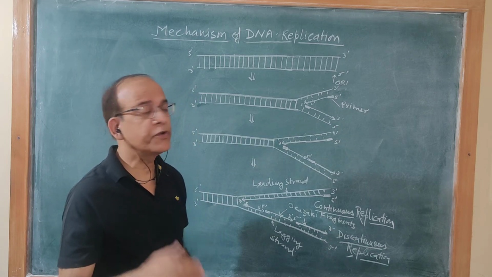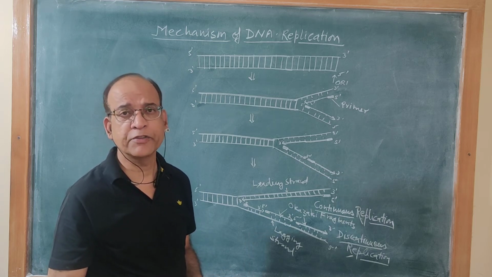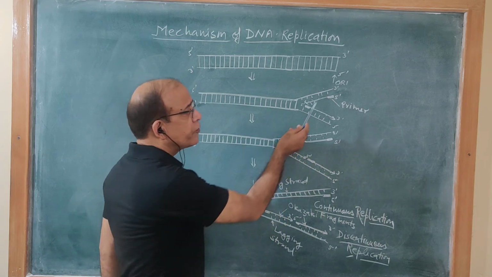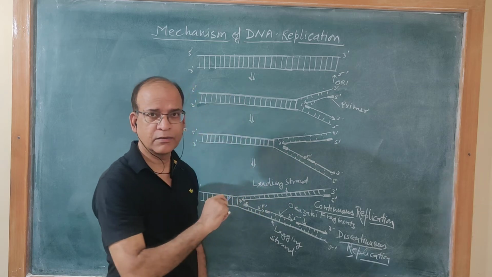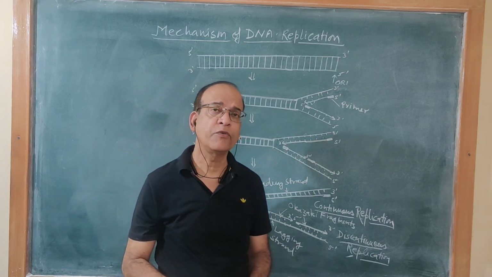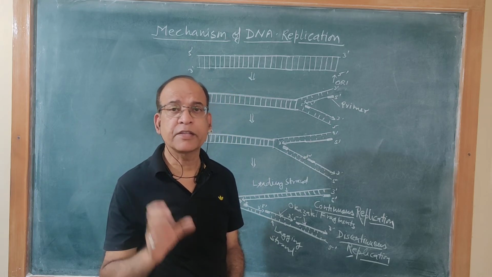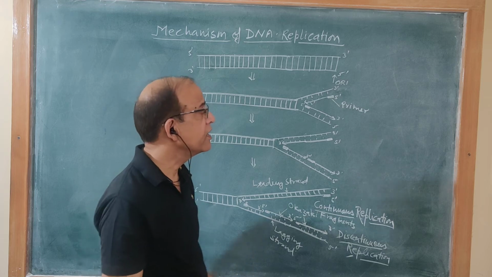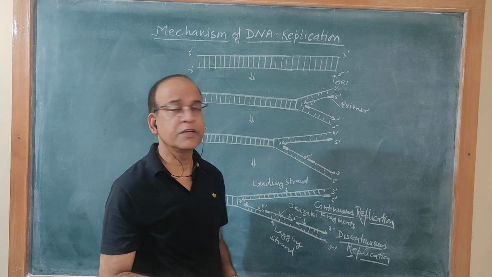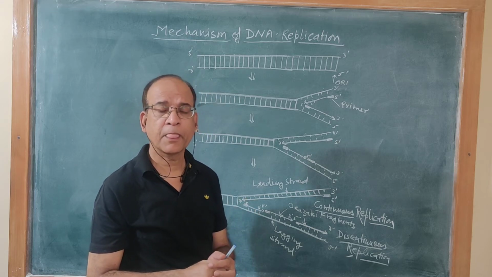But before the addition of DNA nucleotides starts, a primer is formed. A primer is a segment of RNA nucleotides, and the enzyme which controls the synthesis of this RNA is the primase enzyme.